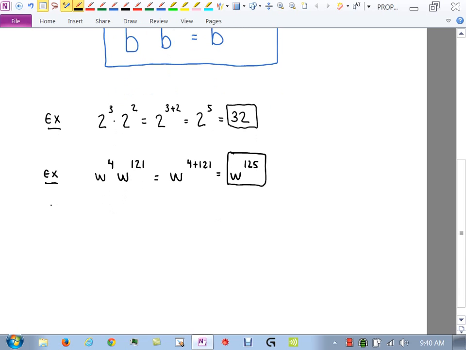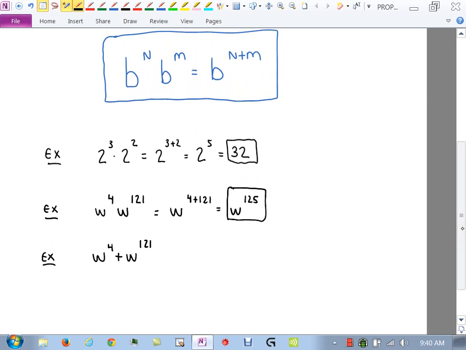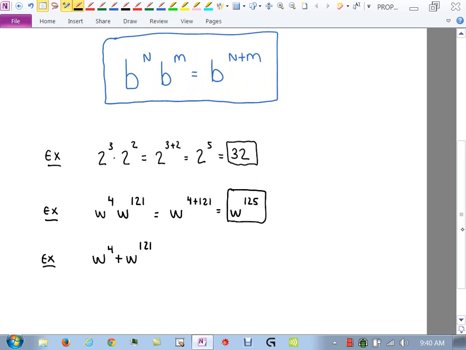Okay, what about this underneath this? What's w to the 4th plus w to the 121? There's something subtle here I want you to make sure you understand. What is the operation between these two things here? Addition. Our property does not have addition between it, does it?